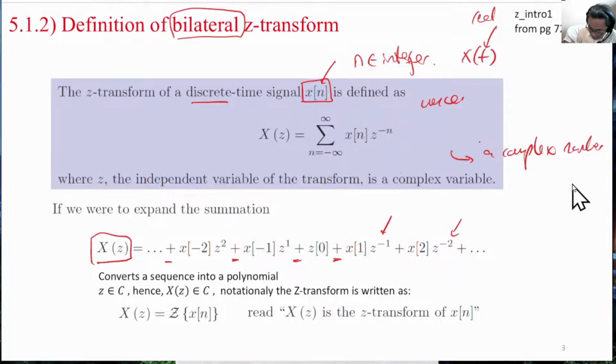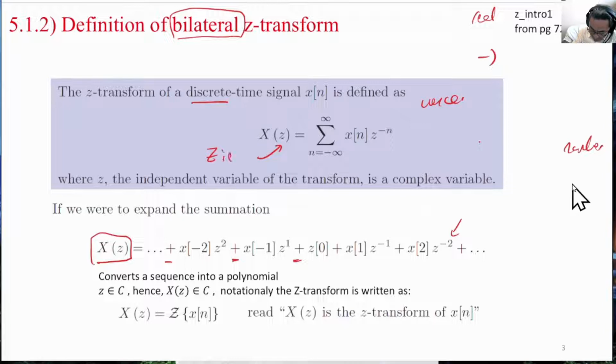Now, please become alert to z. z is a variable, and this variable is up to us. Well, not really up to us, it's the entire complex plane. That means we're going to put in all values of z as complex numbers. z equals 0, z equals 0 plus j, 0 plus 2j, 0 plus 2.1j, and so on.